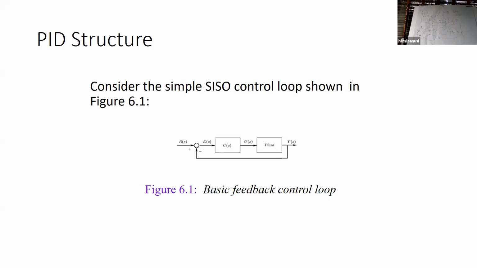Lepas tu ada satu lagi, robust control. Dia panggil H. Dia ada H0 controller, H2 controller, H infinity controller. Ini Prof Mazuki punya PhD is based on this. H0 controller. Robust control. Okay. Macam mana nak dapat ni? Kalau nak, saya boleh bagi satu lecture slide lah.